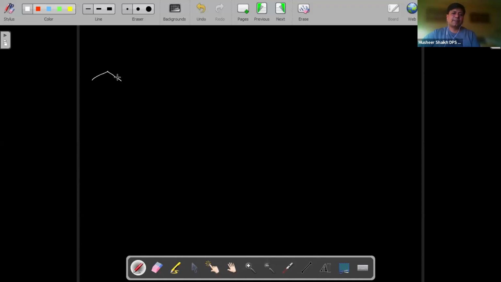Suppose I have toluene. This is CH3 benzene, methyl benzene, or you can call it toluene. Toluene is a common name, but this common name is accepted by the IUPAC, so it is also an IUPAC name as well as a common name.